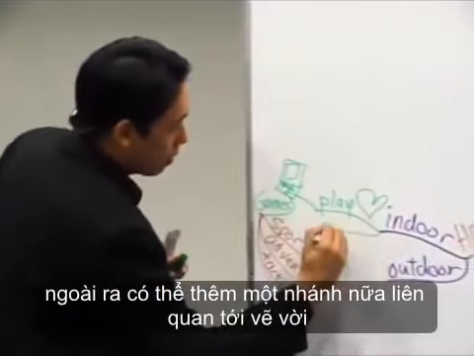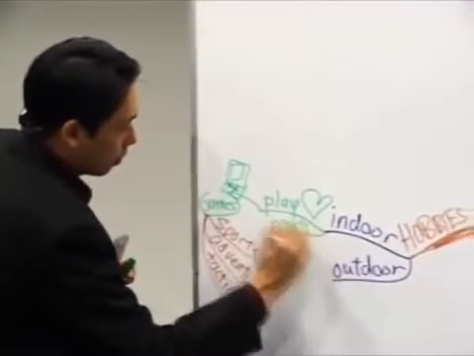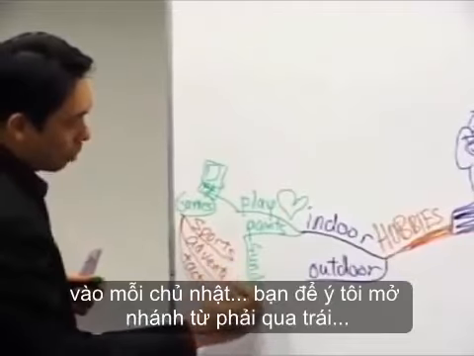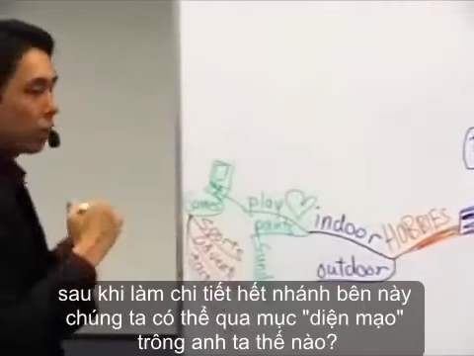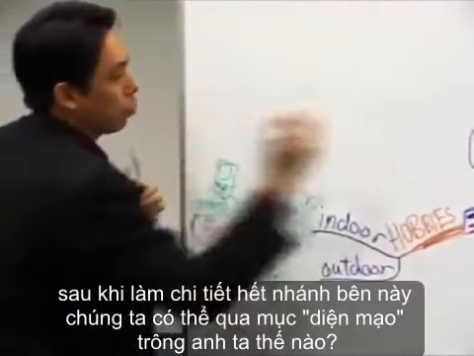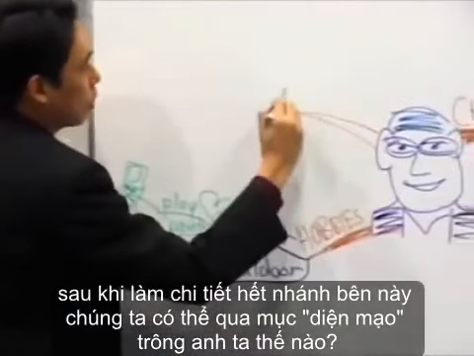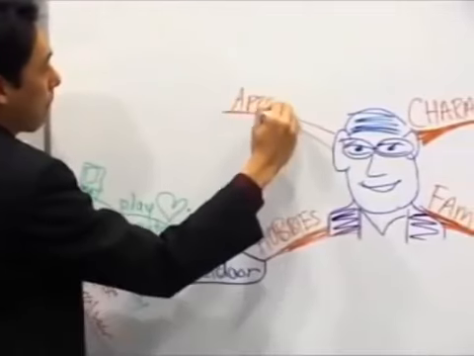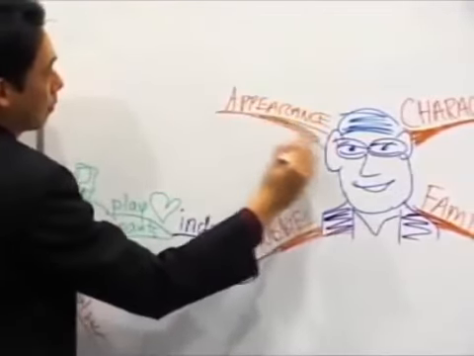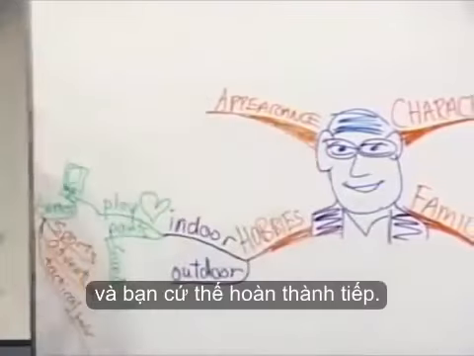So paints every Sunday. So again, notice we're branching from right to left. Once you finish this whole section, you move on to the next part and put on the next subheading, which could be maybe his appearance, what he looks like. Alright, and you continue the process.